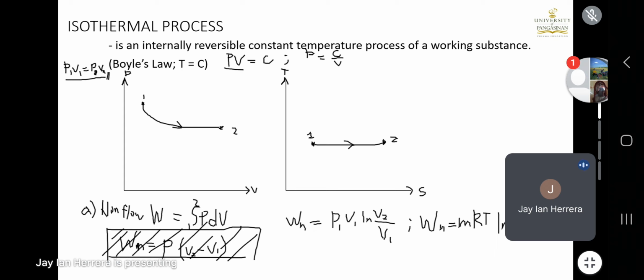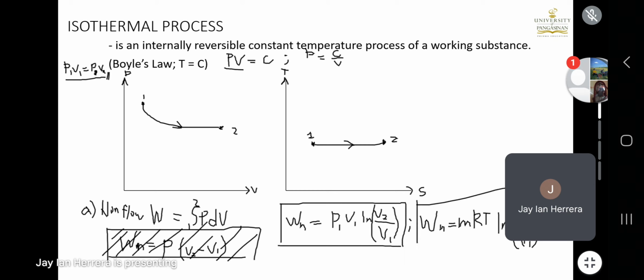So, that is ln of V2 over V1. These are the general working formulas for work non-flow. Pwede mo mag-pause sa book.